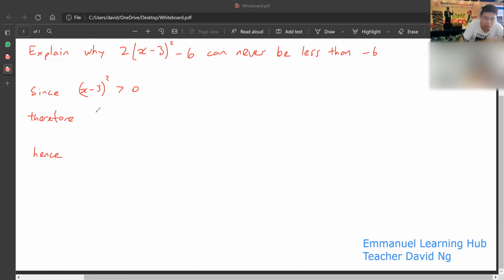Therefore, because this one is always greater than 0, right? Agree? Yeah. Then if this one is greater than 0, this even more greater than 0. If both are greater than this whole chunk is greater than 0, right?